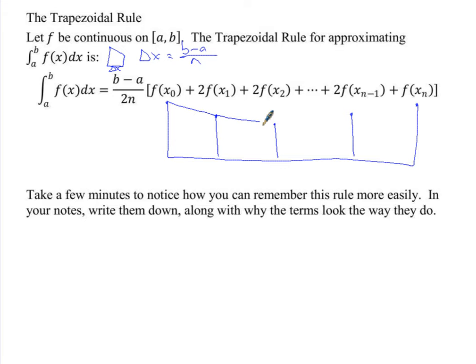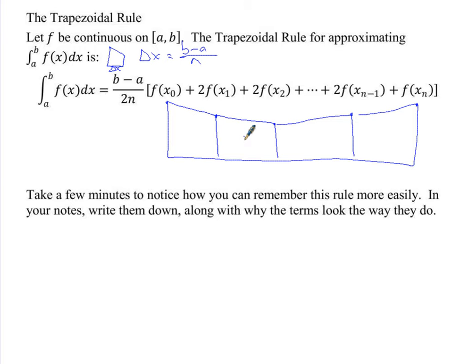Here are my trapezoids. So f of x sub 0 goes with this one right here. F of x sub 1 goes with this one right here. But then I'm going to use f of x sub 1 again when I'm trying to find the area of this one. So in reality, f of x sub 0 gets used once here only, but f of x sub 1 gets used once for this trapezoid, and then again for this trapezoid.